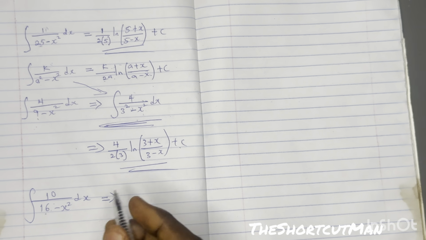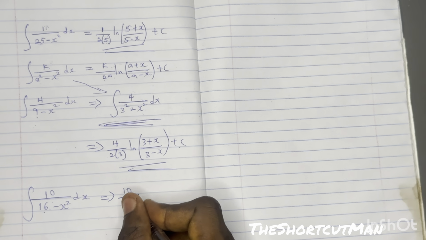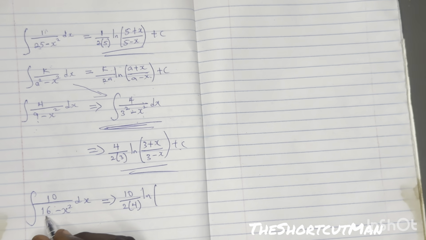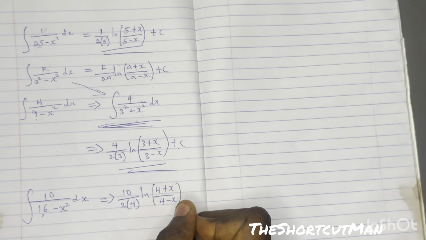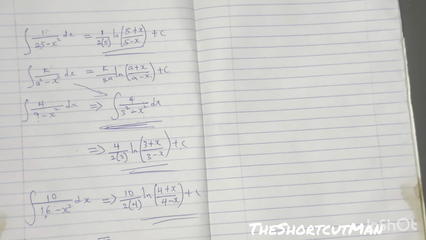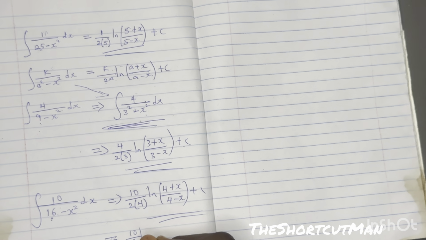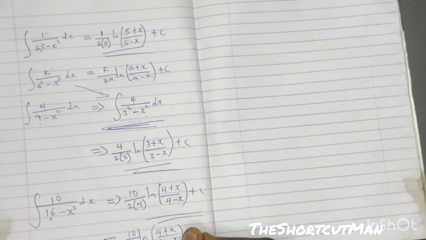So if 16 is 4 squared, this is going to be 10 all over 2 into bracket 4, because our a is 4. Then ln of (4 plus x) over (4 minus x) plus c. So the final answer is 10 over, what's 2 times 4? That's 8. Ln of (4 plus x) over (4 minus x) plus c.